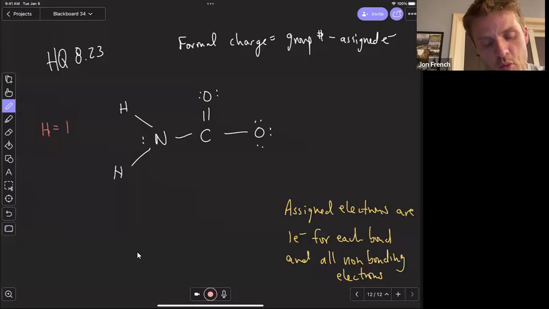So hydrogen group 1, it's got 1 electron assigned to it because it's got 1 bond. So 1 minus 1, both hydrogens are 0.